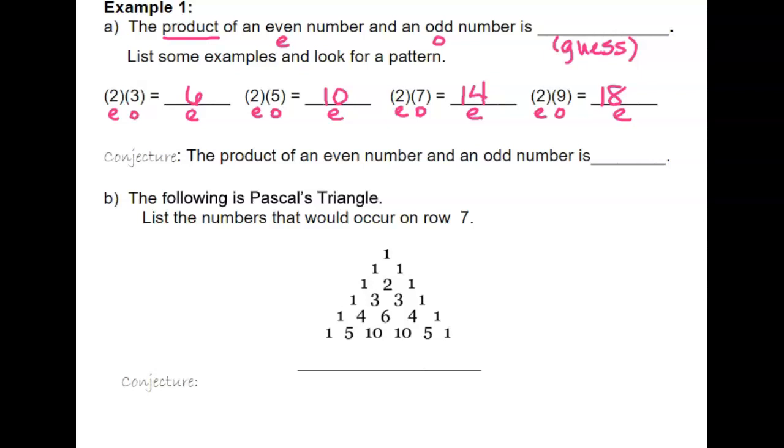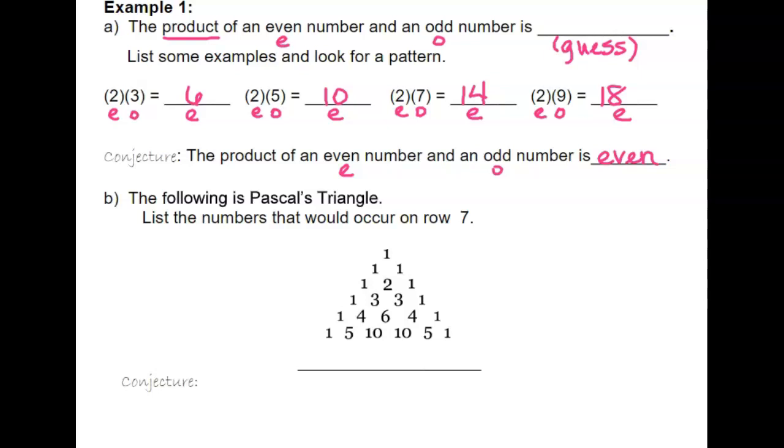So the conjecture is that the product of an even number and an odd number is also even. And this conjecture we arrived at using inductive reasoning. So again, maybe you guessed that up here, maybe you didn't. It doesn't really matter. That's just your hypothesis. But the conjecture is what we observed, what we observed and what we thought after we observed.